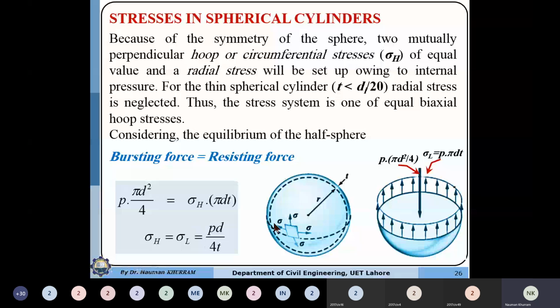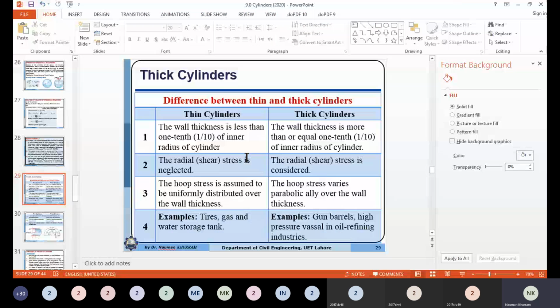And further, because the change in diameter in all directions will be the same, we can determine the volumetric strain very easily. Volumetric strain, we have already derived the expression. Let me also modify this expression.